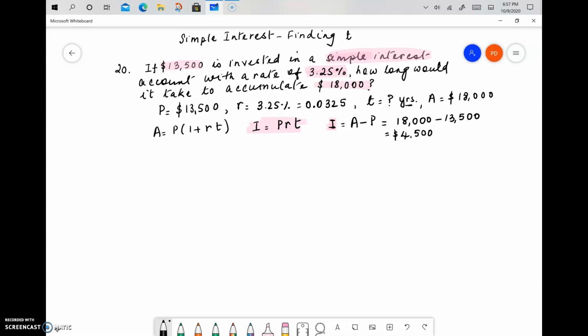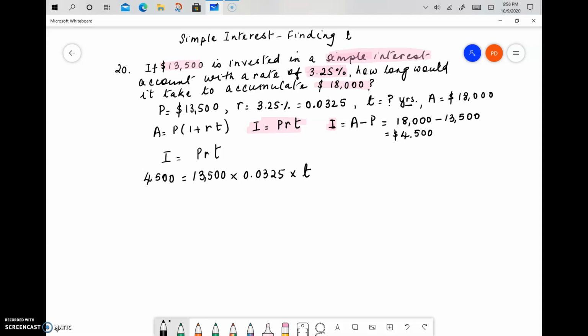So now that we know interest, we can use the formula I equals PRT. So I, the interest amount, is 4,500, is equal to the beginning amount, that is P, the present value, times R, which is 0.0325, times the unknown amount t.